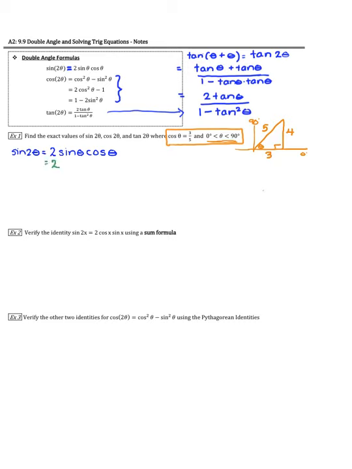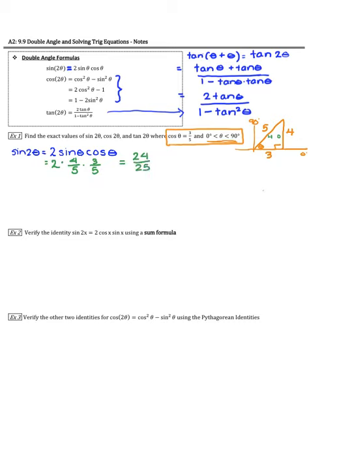Sine theta is opposite over hypotenuse, so I'm going to substitute 4/5. Cosine theta is adjacent over hypotenuse. And so this all simplifies out to, let's see, 12 times 2 is 24/25.